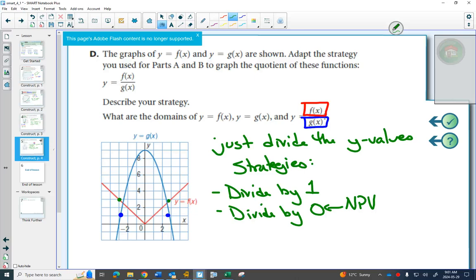It was either an asymptote or a hole. Almost always in this unit, it ends up being an asymptote. The only way it would be a hole, I'll just put it in brackets here, maybe a hole if you have 0 divided by 0.